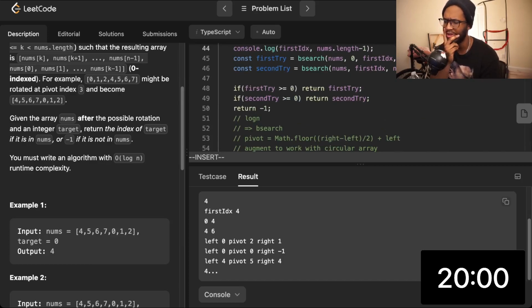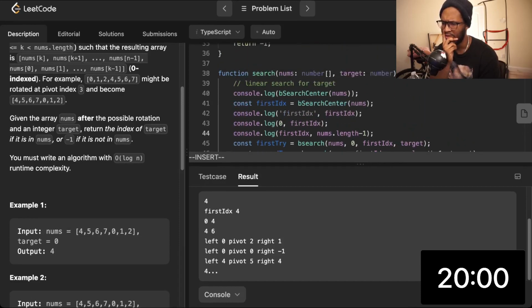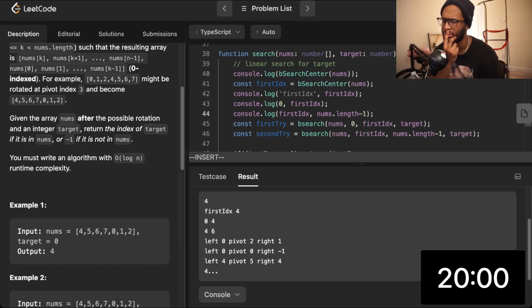Doesn't quite make any sense. Oh, first index minus.